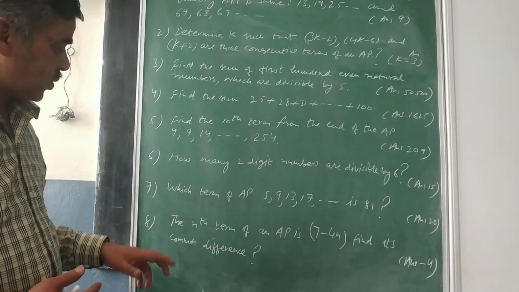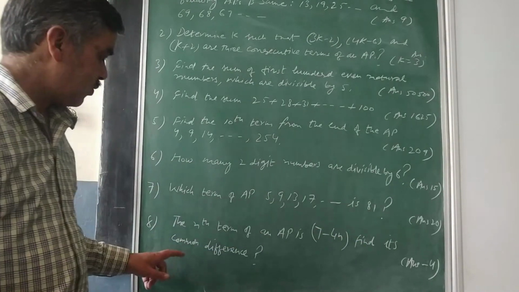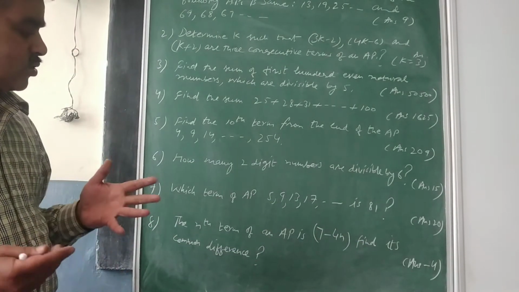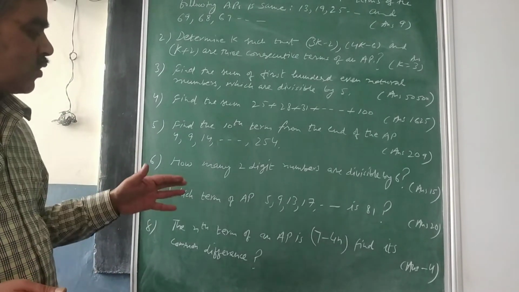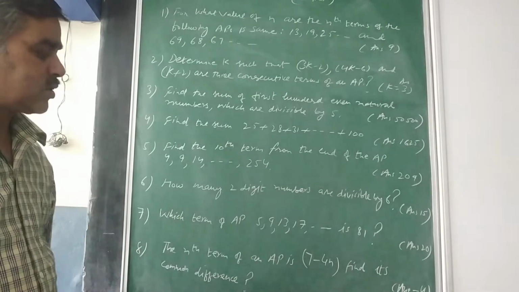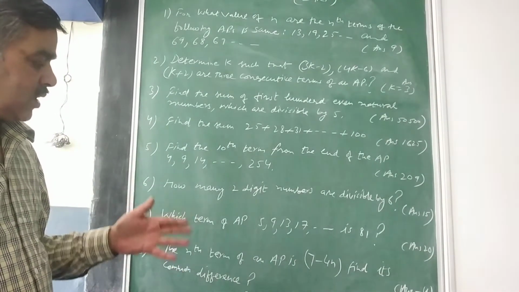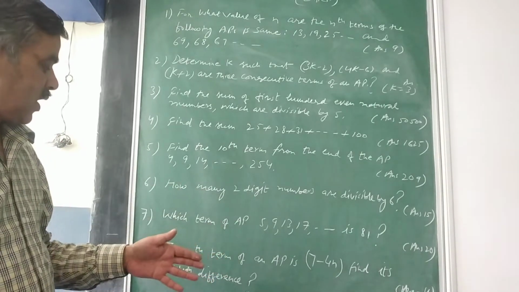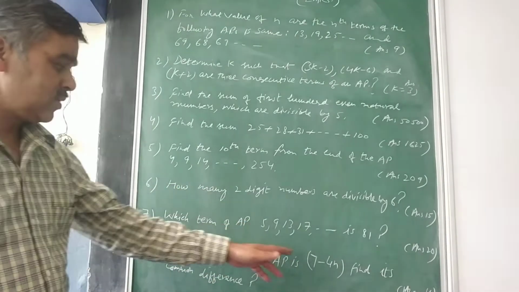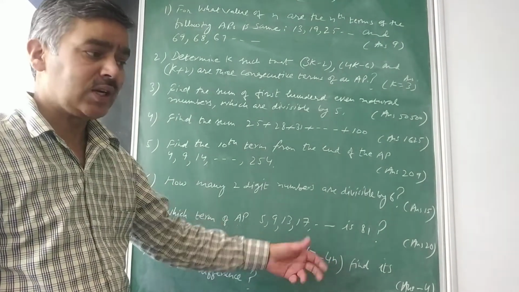And then in the 8th question, the nth term of an AP is 7 minus 4n and you have to find its common difference. Here you can use the formula an is equal to 7 minus 4n. Put n is equal to 1: 4 into 1, 7 minus 4, that is 3.